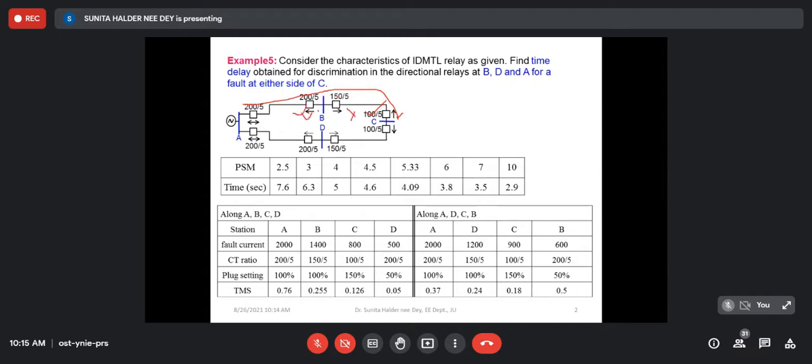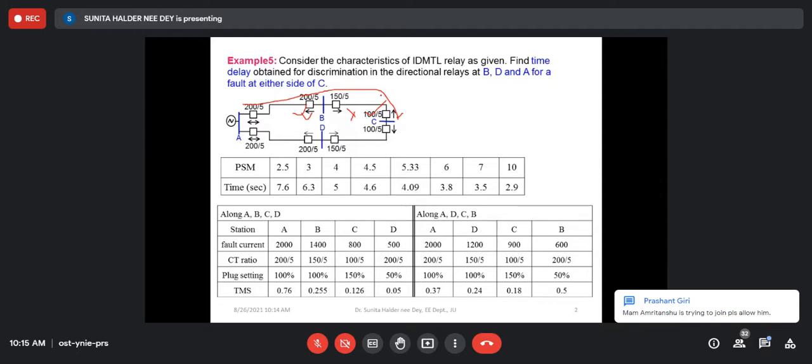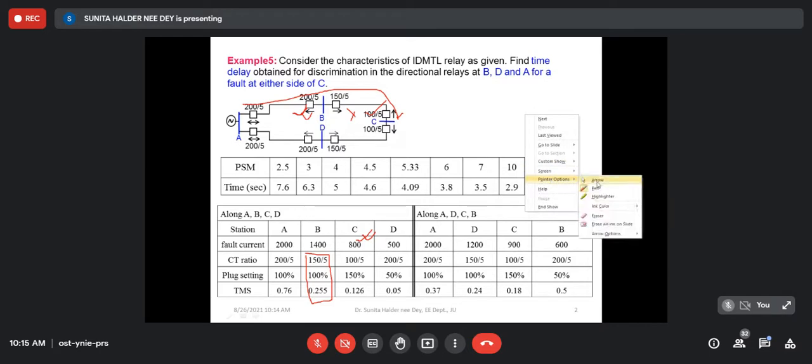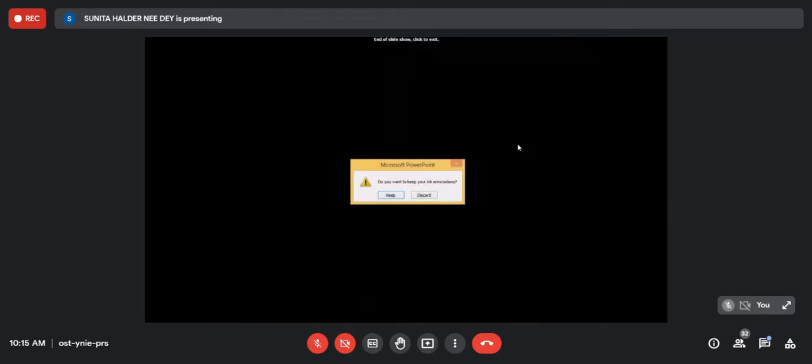Not this one, because this one will be the faulted path. So for this one, what will be the fault current? The fault current is 800 ampere, but the setting we shall take is for the relay at P, this one, right? So with that, we shall select the time setting.